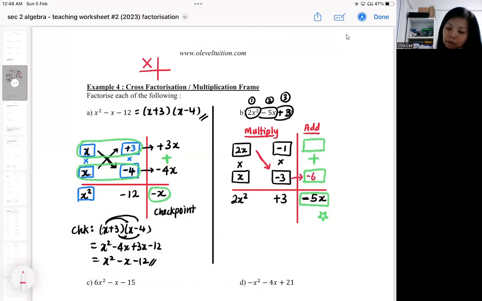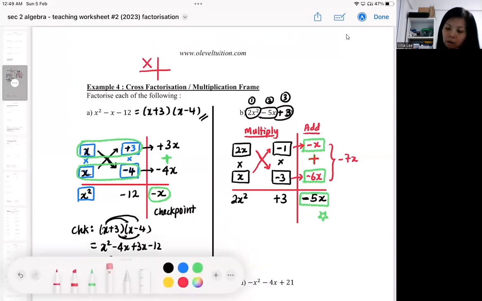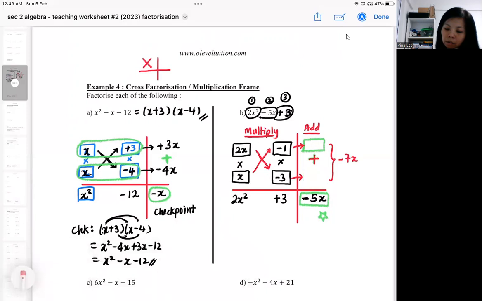You will get -6x here, you will get -x. If you try doing this, you actually end up with -7x. So what does that mean? It means all these are actually wrong.